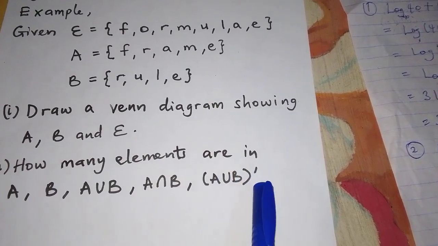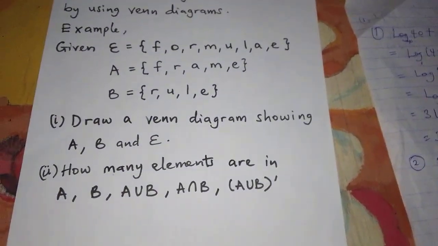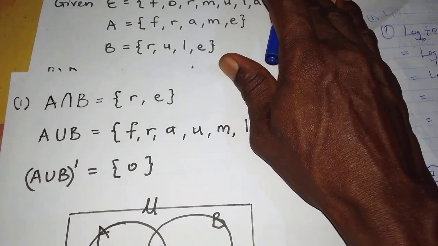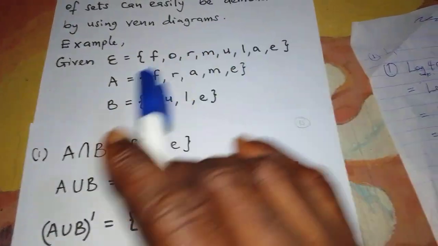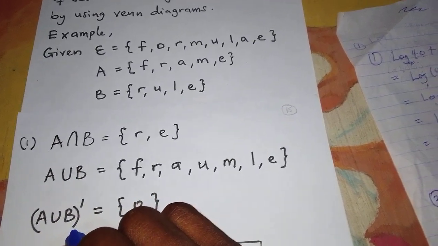To do this, before you can draw the Venn diagram, you must first get the elements in A intersection B, A union B, and A union B complement.